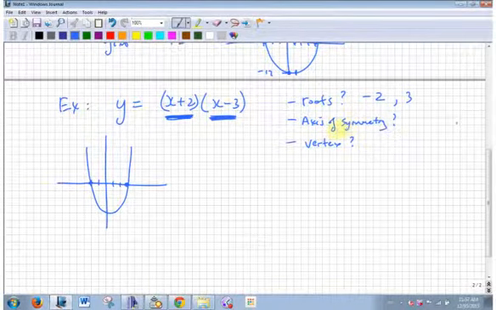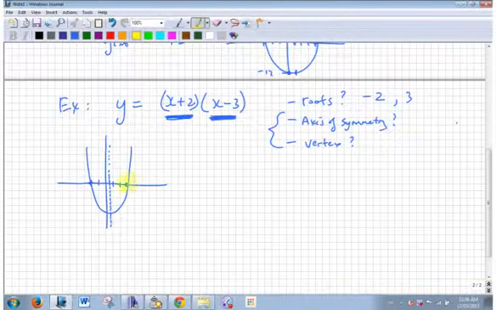Axis of symmetry. Where's that? That's where this happens. It's the same point, remember? Where's this thing symmetrical? According to my picture, it looks like it's about here. How can I find where the axis of symmetry is? If I have two equal y points, it's always halfway in between those.